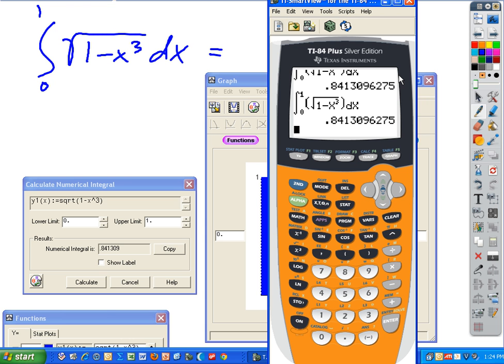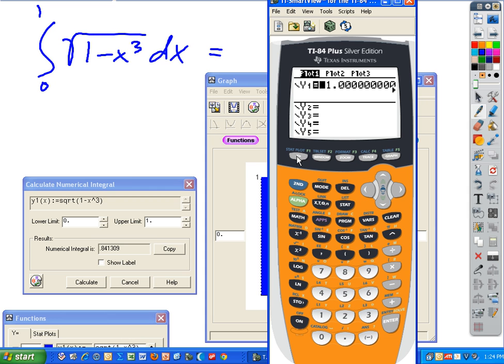Prove it. Okay, the other way to do that is to go up here to y equals and input that function. So, real quick, we put the function in again. Math 9. Square root of 1 minus x cubed.